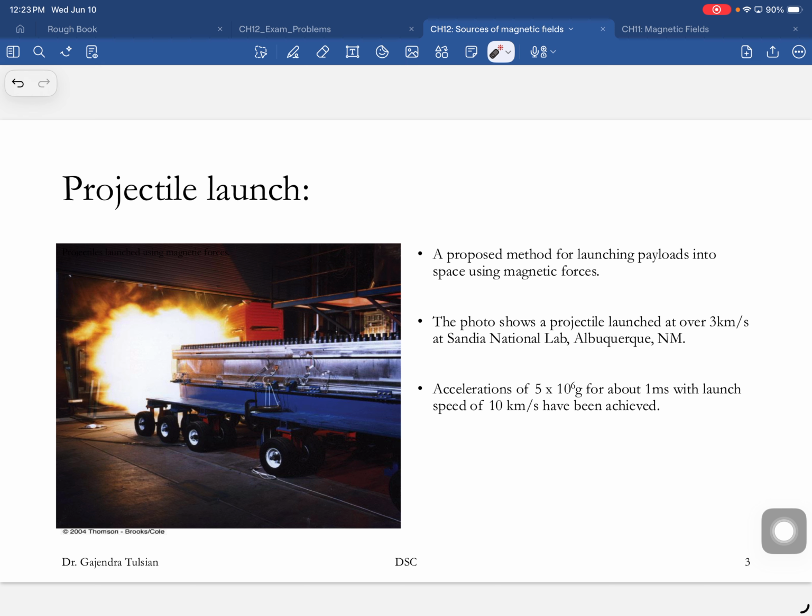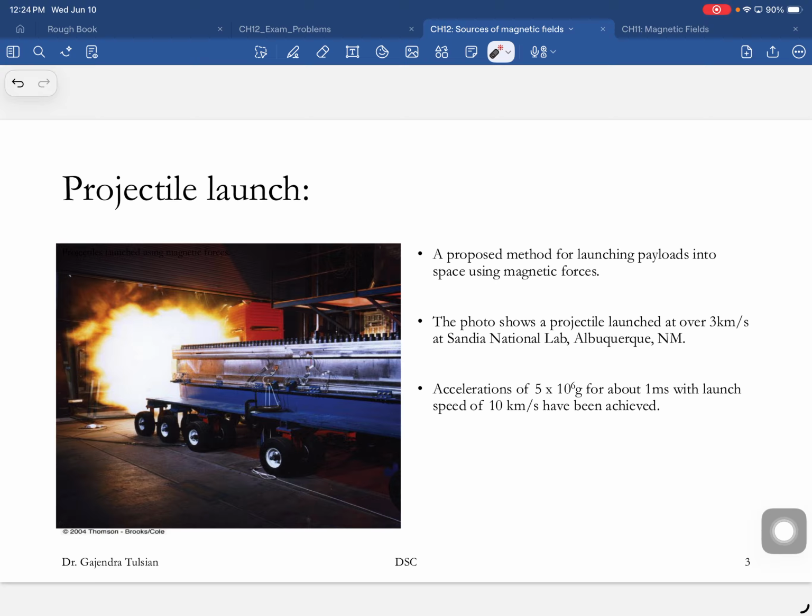So it can apply a force equal to 5 million times the weight of the object. So you launch your physics professor, what will come out is a pellet. You can't launch anything with structure. You have to launch a solid object or something like that. Okay.